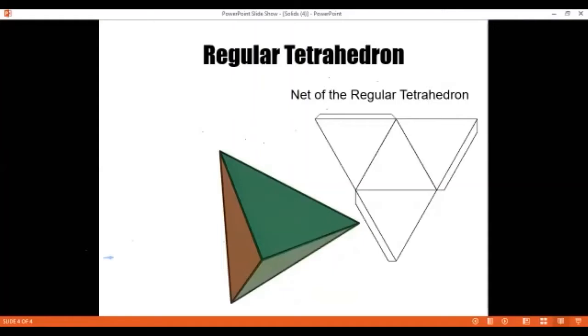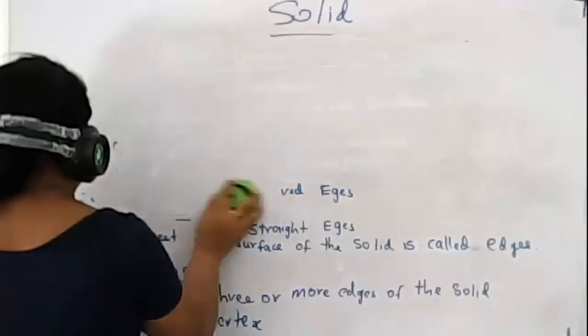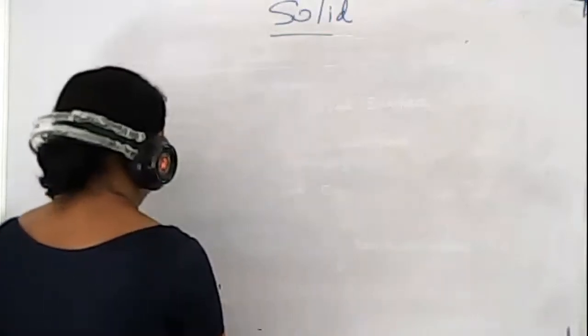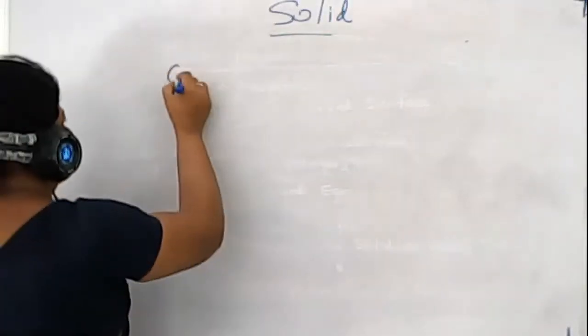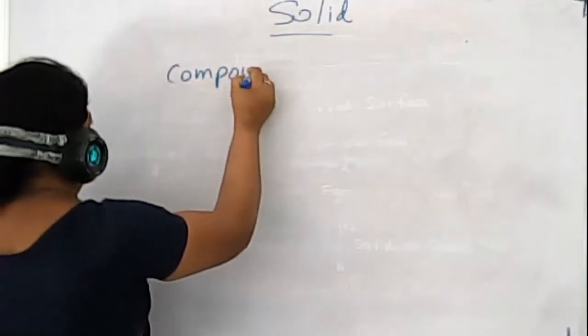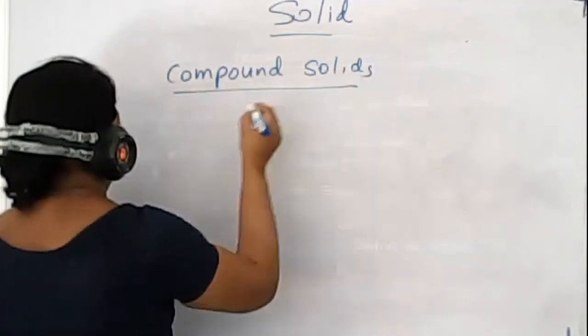Now, then write the subheading, compound figures. After the space, write compound figures, on a new page. Write the heading compound solids. Underline it.